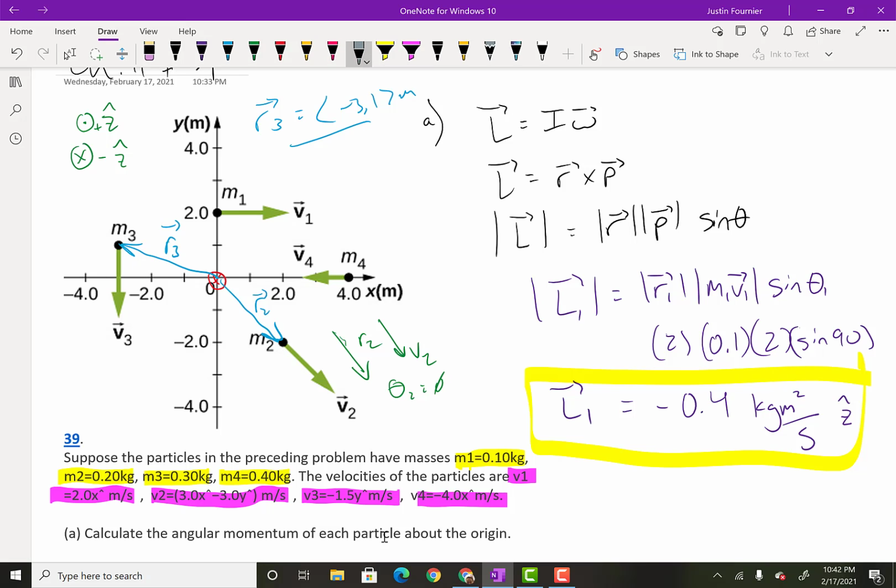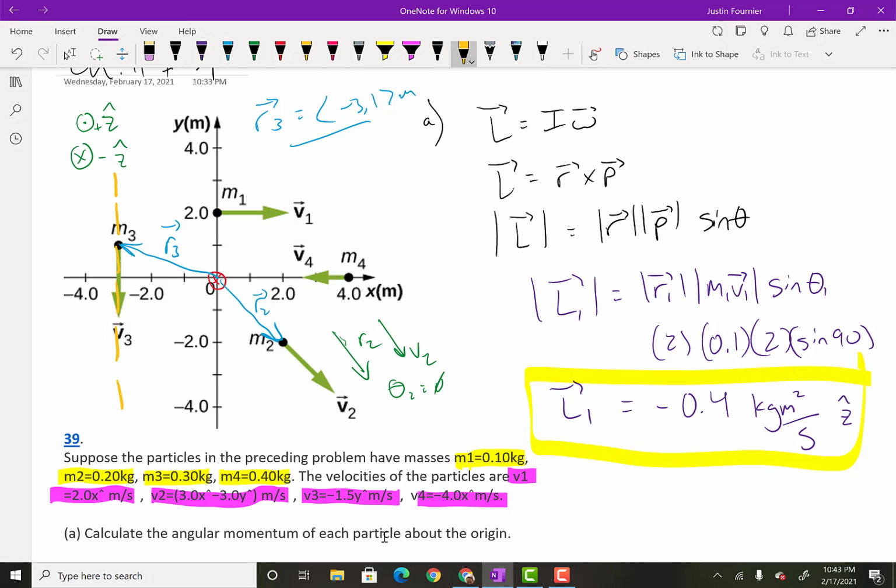Or I could use this idea that I talked about in class, which is this idea of a line of action, right? And you've seen this also in the Pivot Interactive. We saw as long as there's no torque acting on an object, the angular momentum stays constant.